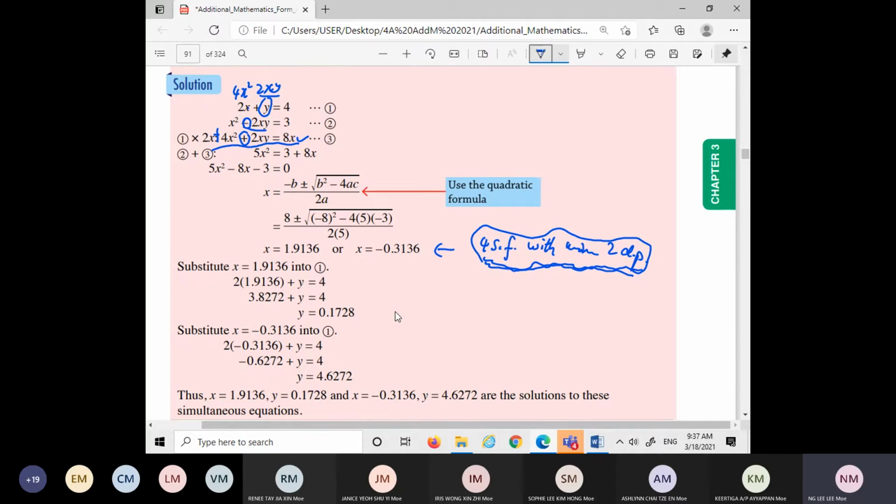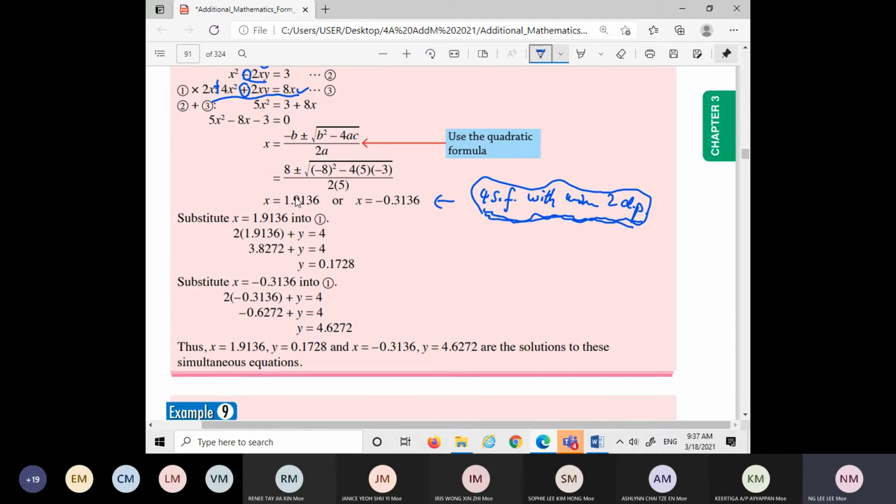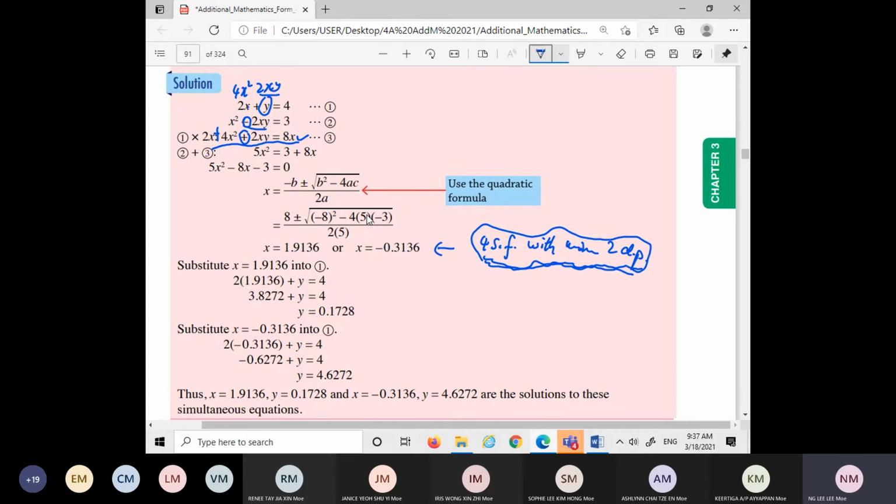Same thing, after you get the x values, substitute back into the first equation, easier, because this is the simplest one. So you substitute this x value to get the y value, and then substitute the other x value to get another y value.